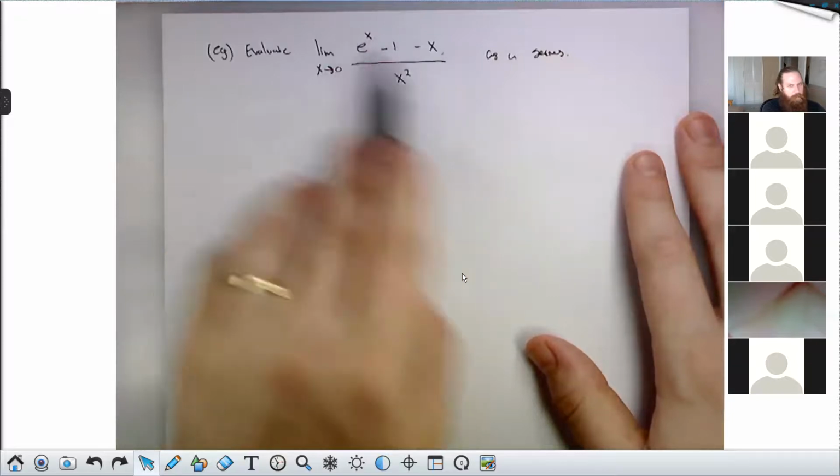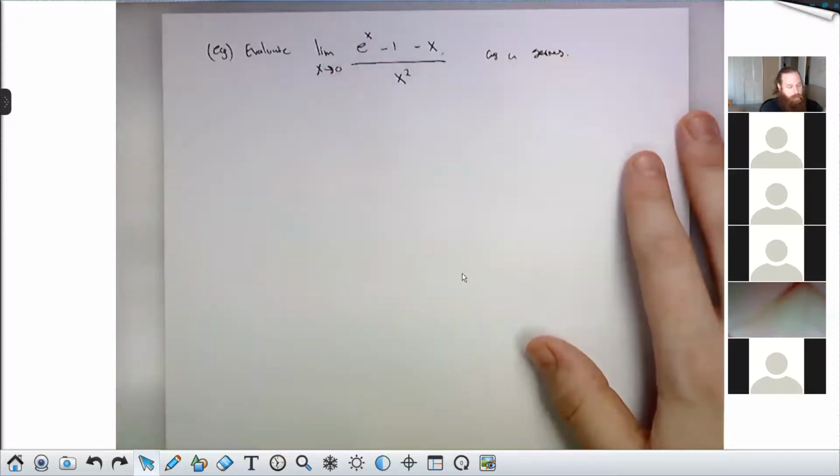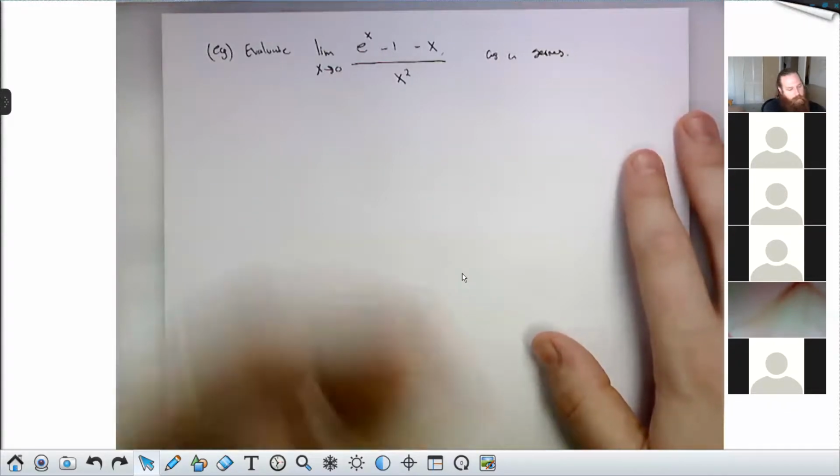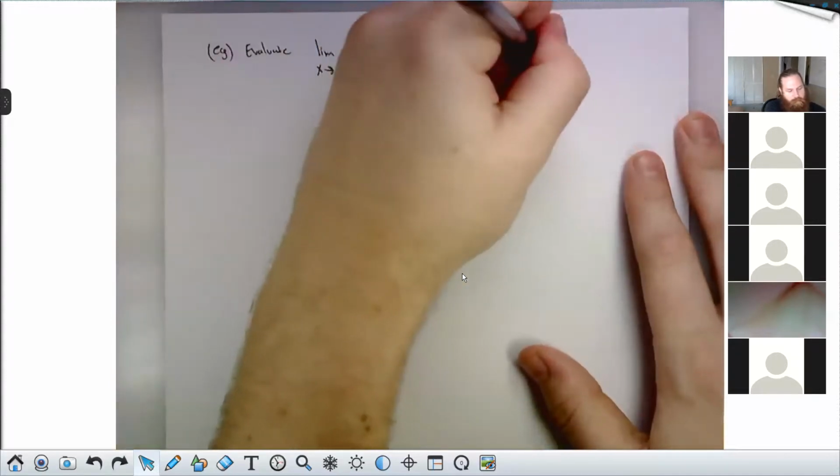So the top is 0, and the bottom is 0 also. So you can't do that. You could use L'Hopital's rule here, although I think you might need 2 runs of L'Hopital's rule to make it work. But the problem asks us to do it as a series.